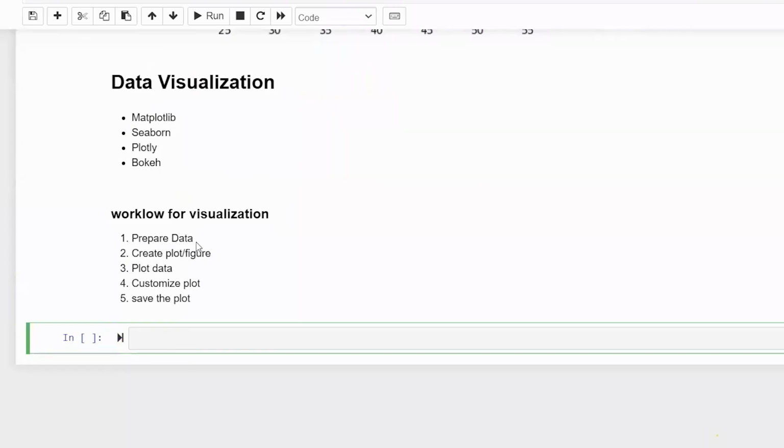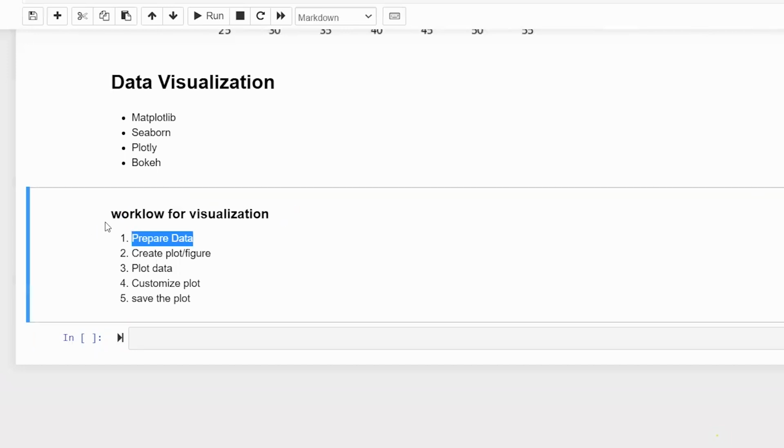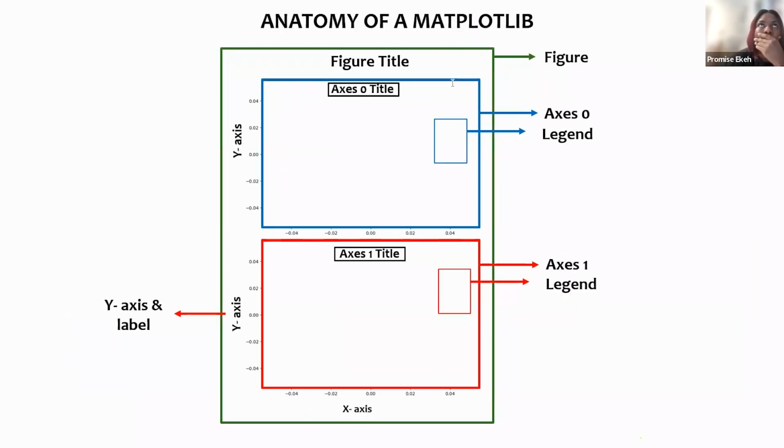I think what we've been doing before now is preparing the data. That's cleaning your data, transforming the data to get ready for plotting. But let's talk about the anatomy of a Matplotlib plot. I've done this as an animation. In Matplotlib, there's what we call figure and axis. If you look at this green bounding box, it's the figure.